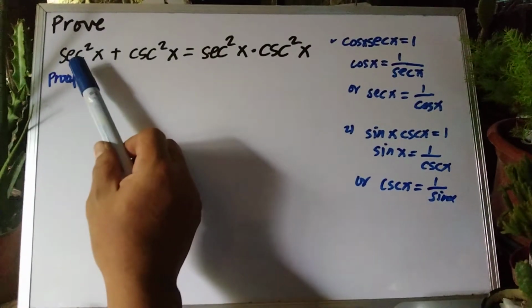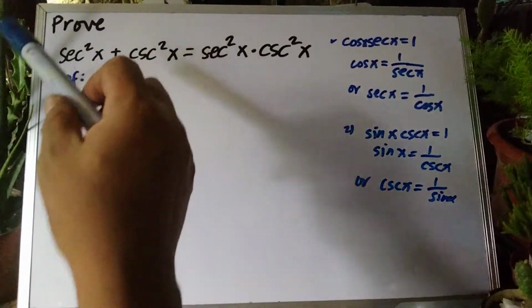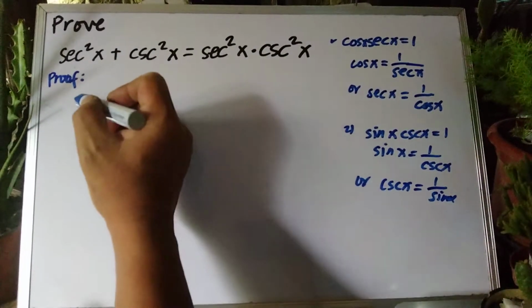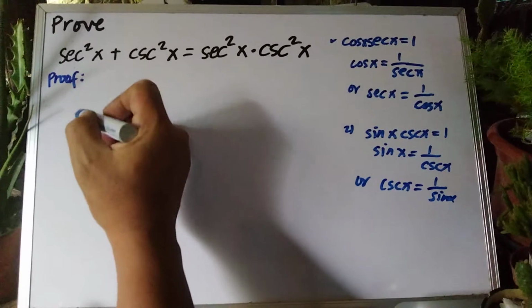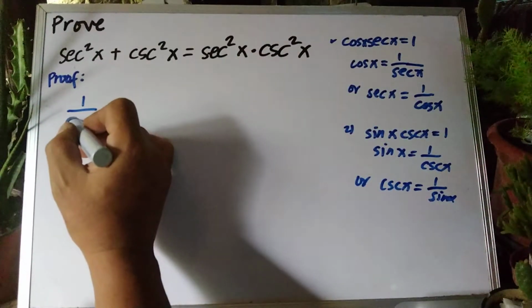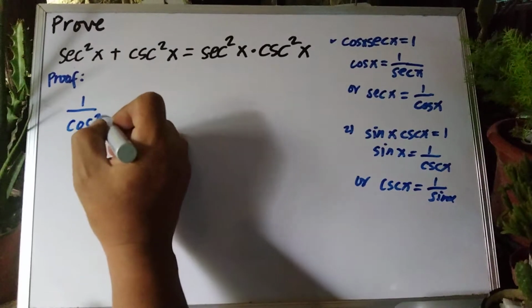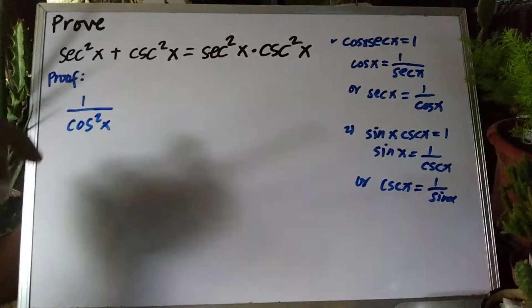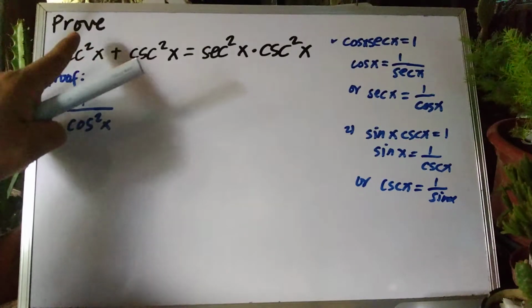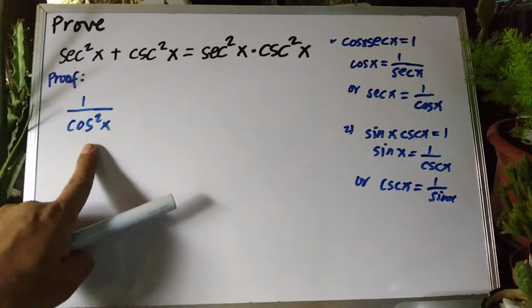Sa unang term, meron tayong secant squared x, di ba? So, pwede natin siyang isulat ng ganito. We can rewrite this, using the reciprocal identities, as 1 over cosine squared x. Kasi, since si secant dito is na-square, it is also true kay cosine here.